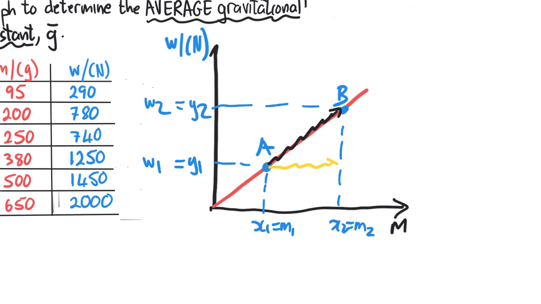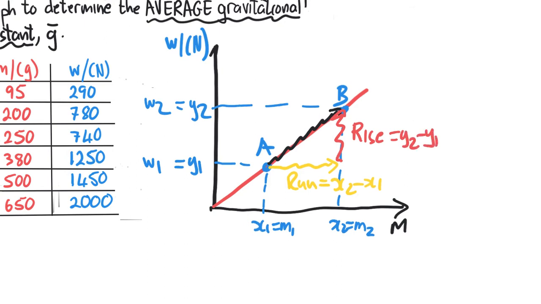So the run will be the horizontal change in position, or the horizontal distance between A and B. So that's going to be x2 minus x1, and the rise is going to be y2 minus y1.